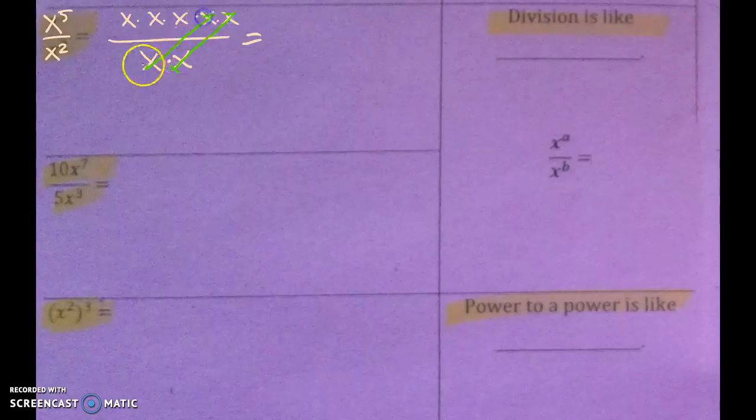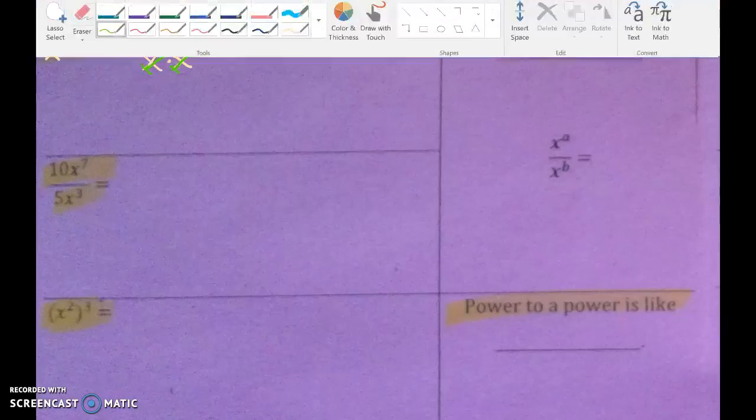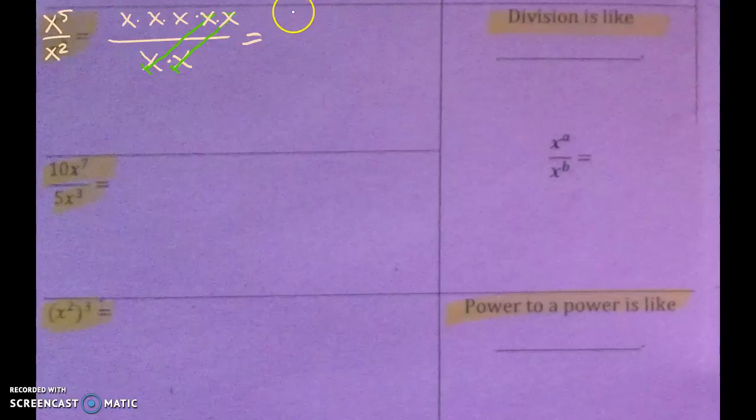These two things divide to 1. And so we are left with x to the 3rd. If we start to think about, okay, how do those numbers relate to our exponents, we can see that, oh, well, x to the 5th minus 2 would give us x to the 3rd. And indeed, that is a property we're going to be able to formalize here in just a moment.